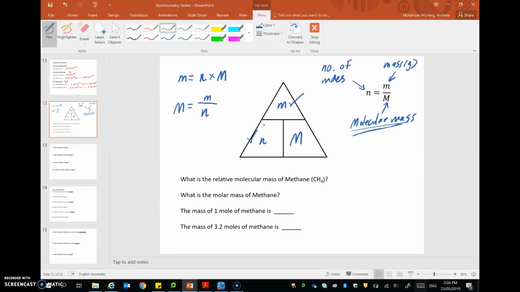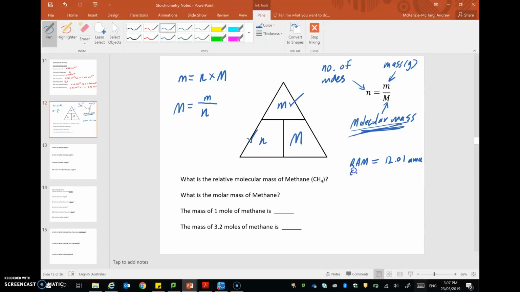But what is the relative molecular mass, or as I've called it here, just molecular mass? Now, we're actually familiar with this. We have looked at this before. It's the same as calculating, say, the relative atomic mass. Now, if you look to the periodic table, you might remember that the relative atomic mass, or I'll call it here RAM, of carbon is about 12.01 atomic mass units.